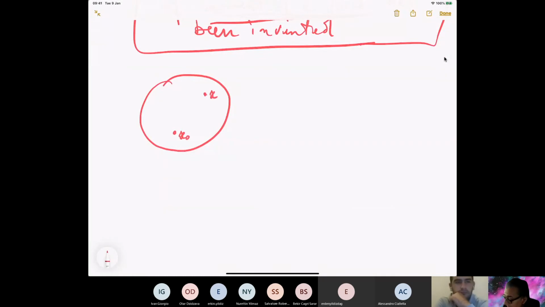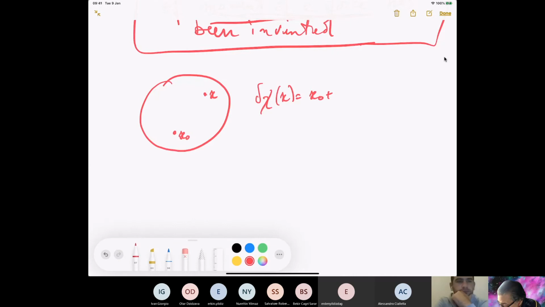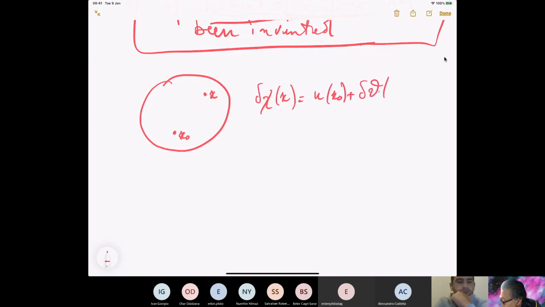You represent the virtual rigid displacement of x like x0 plus u of x0 plus delta theta vector x minus x0.